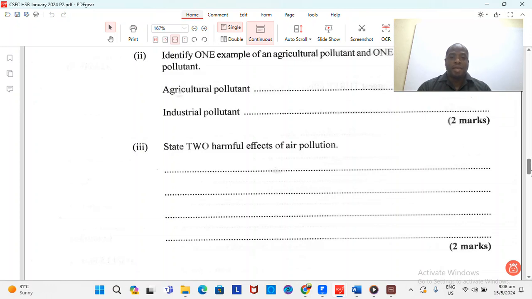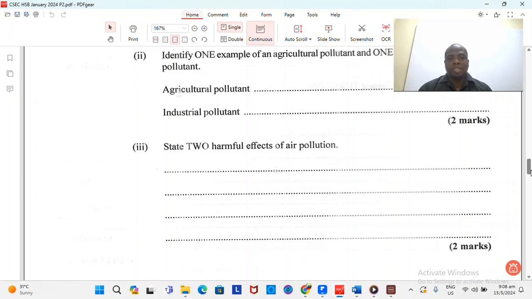But over time, being exposed to the pollutant, you can have a buildup of plaque in one of your arteries, and that leads to some form of heart disease, high blood pressure, maybe a heart attack, cardiac arrest, something related to the heart. So those are some effects of air pollution.